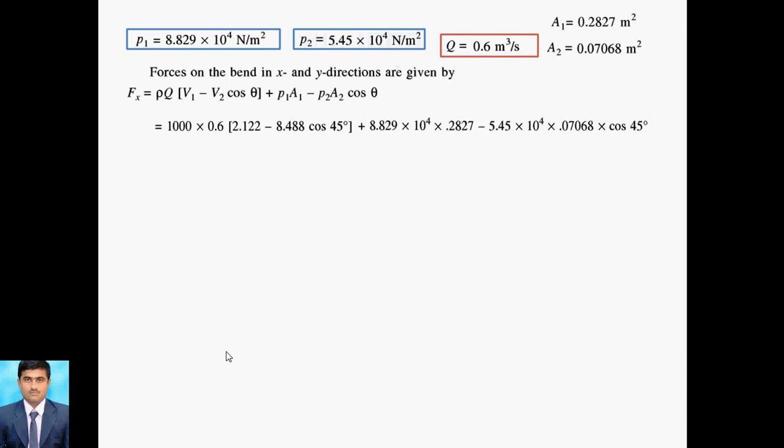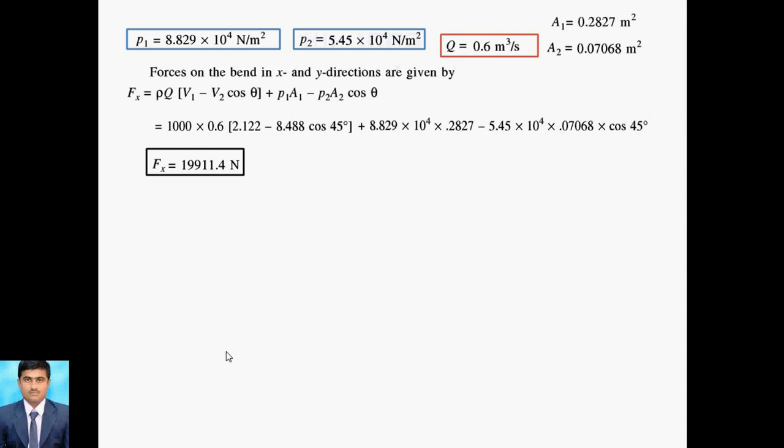A1 is 0.2827, minus 0.545 times 10 raised to 4 into 0.07068 into cos 45 degree. So after putting this value, we get the value of Fx in Newton.